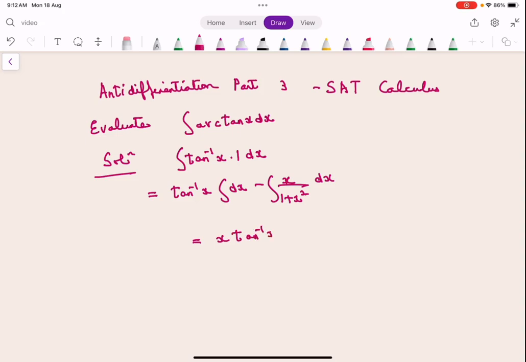So you get x tan inverse x minus, make a substitution here. You will put 1 plus x squared as t. So 2x dx equal to dt, or x dx equal to dt by 2. So this becomes minus integral dt by 2t.